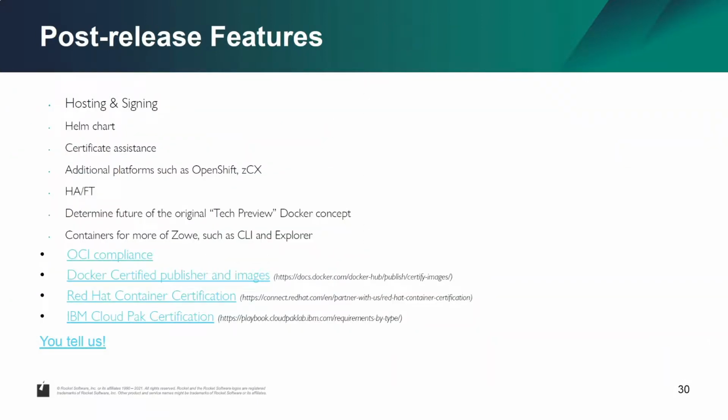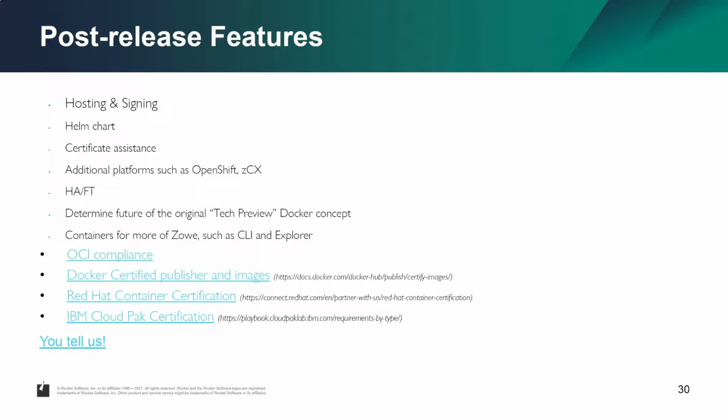Moving on past that, there's still much more that we want to do in the future. So after our initial release, you should also be on the lookout for things such as different places that we can host our containers, signing the containers and how to verify that. Helm chart is another technology we can use to simplify the configuration even further to make getting up and running a breeze.